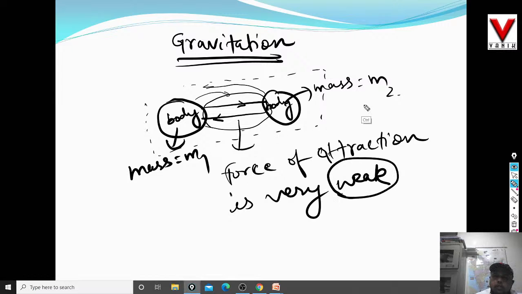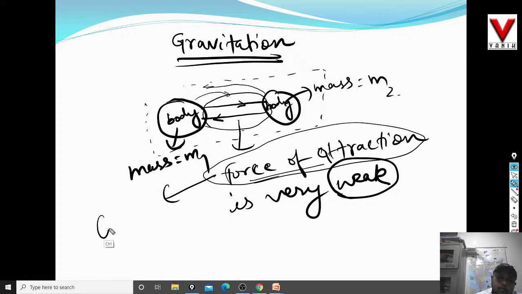Since this force of attraction is very weak, that is why these two bodies normally do not move towards each other. And this force of attraction is known as gravitational force. Okay, I hope it is clear.